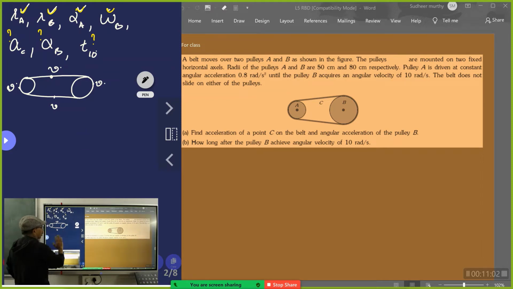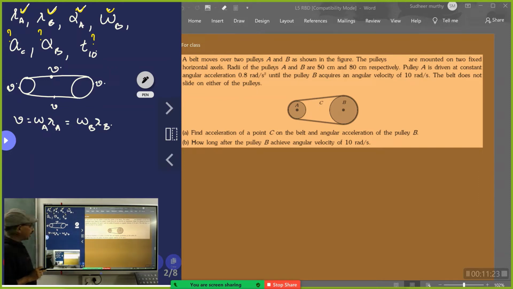Isn't it? So you see, when the problem is given like this, these are the things. This is my view. So then this v will be equal to omega A Ra, and this is equal to omega B into Rb. This is the basic equation.